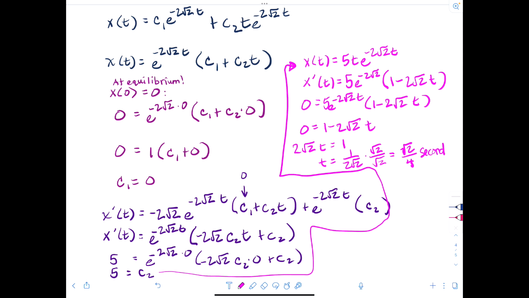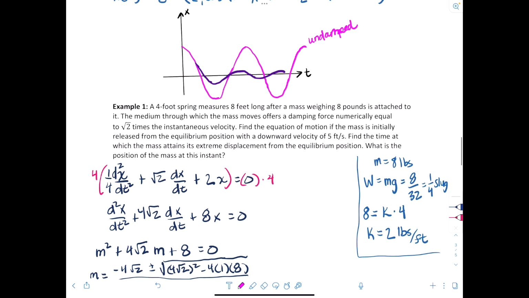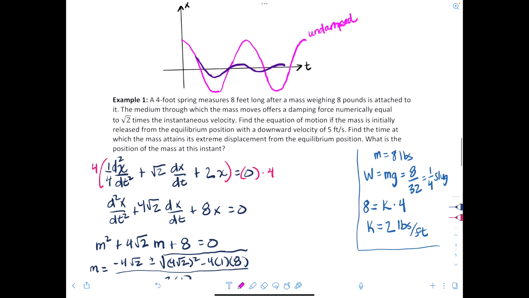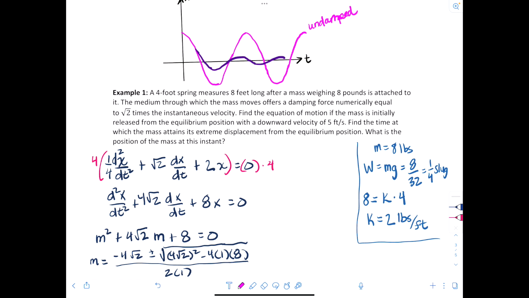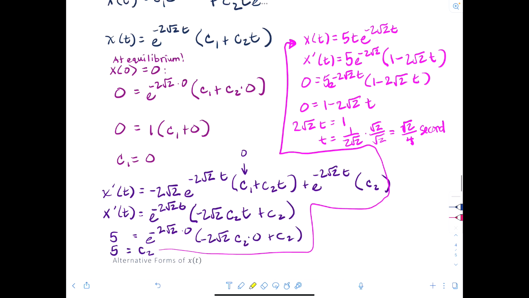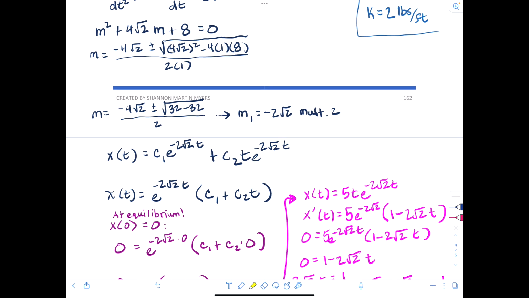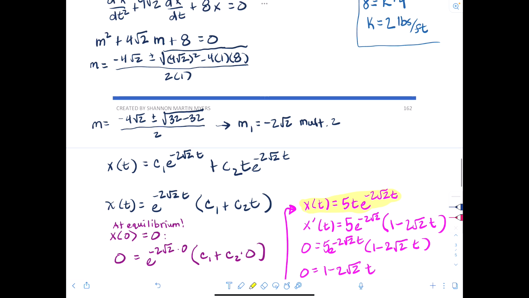Good so far? And so let's see what we've found. Okay, we found the equation of motion. So the equation of motion is x at t. Okay?